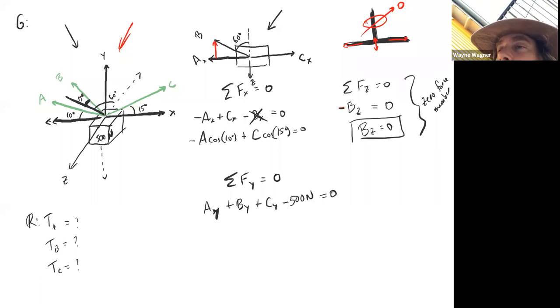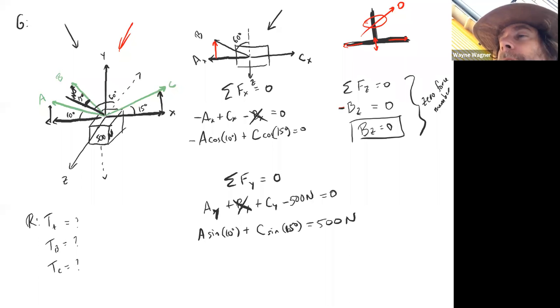Down here, BY goes away because there's no B. So AY, that's this portion right here, that's A sine 10 degrees, plus C sine 15 degrees, because that's this portion right here. I'm going to go ahead and bring that 500 over to the other side.